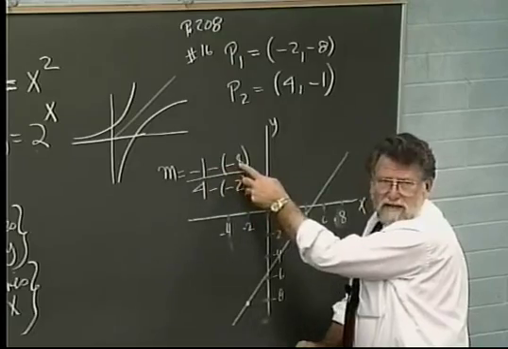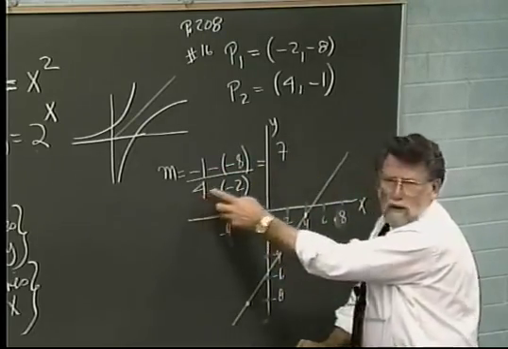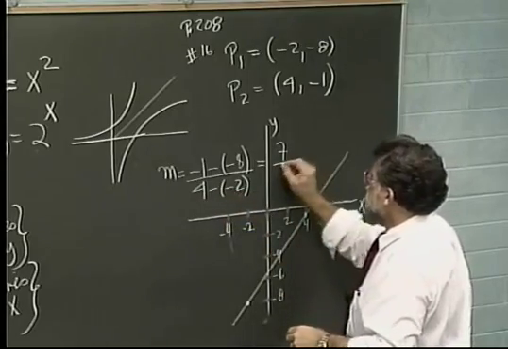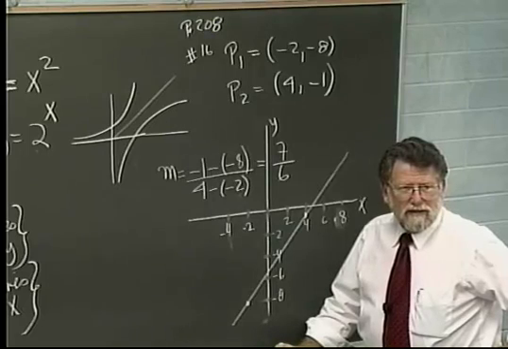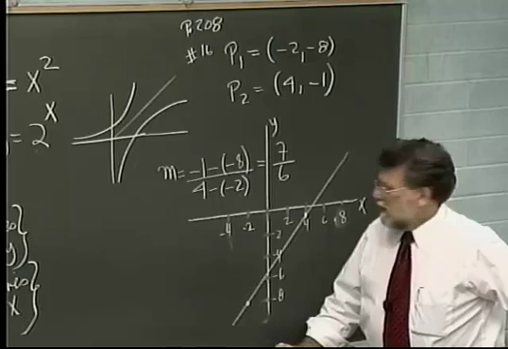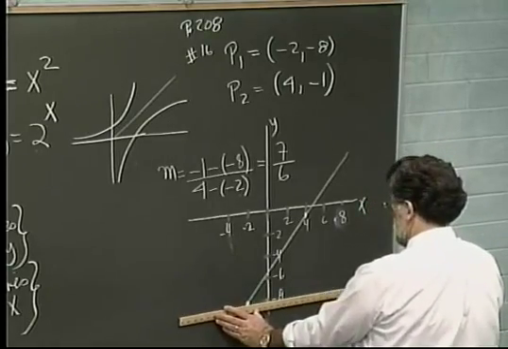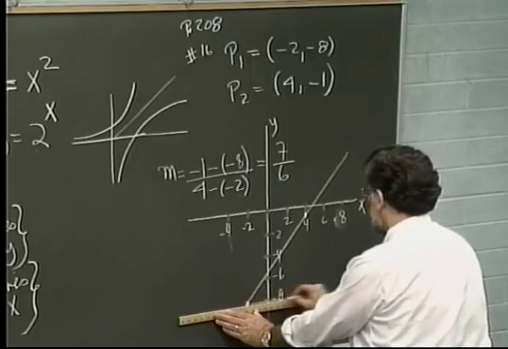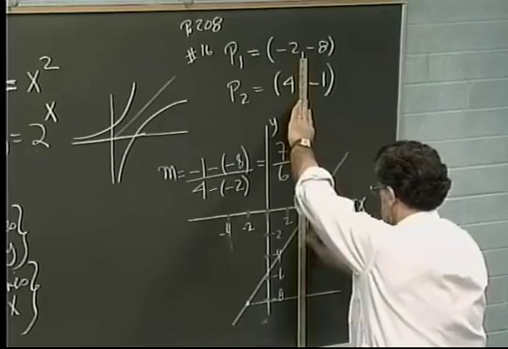So minus 1 plus 8, 7. 4 plus 2, 6. So is that 7 over 6 now, where should it be on this graph? You aren't going to see it in the graph per se unless you draw a what?